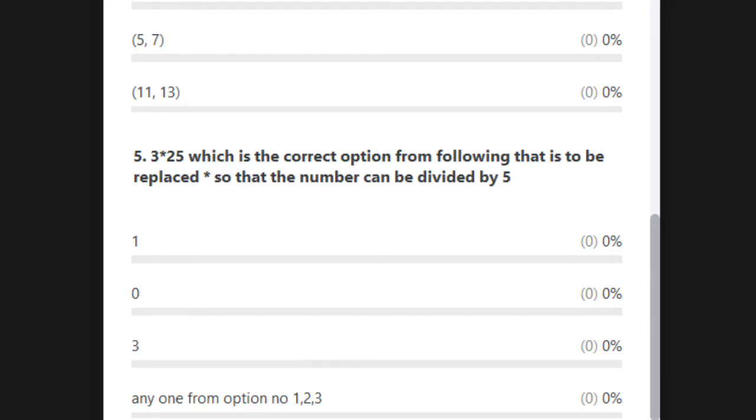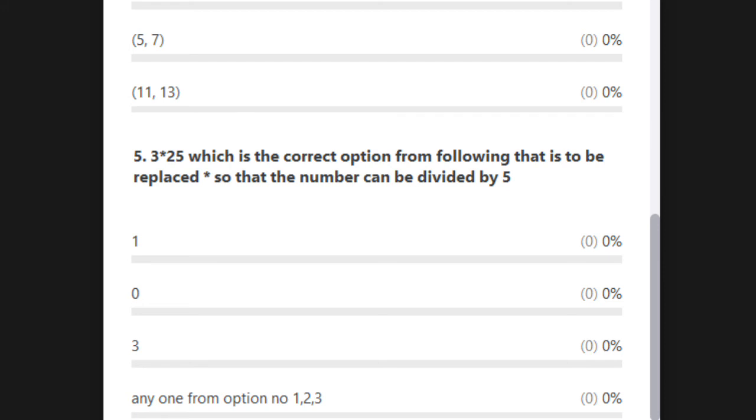The last question of today's quiz. The fifth question of the third round. And the question is really very easy. A little tricky, but easy. Let's read it. 3 star 2 5.